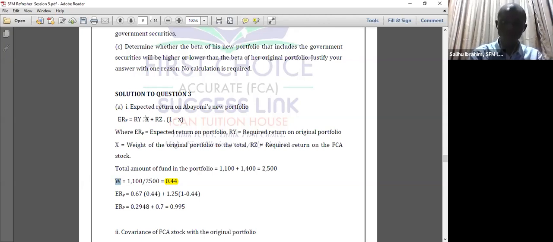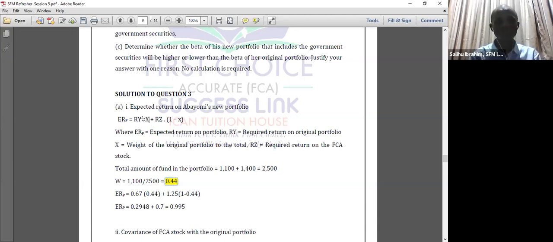W should be here, but you can equally use X. There's no problem. You can change that W to X because I'm using X here as my weight. So the X you are seeing here represents 0.44.